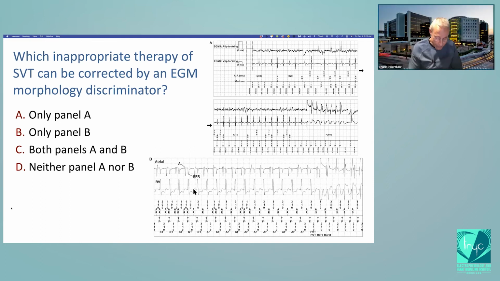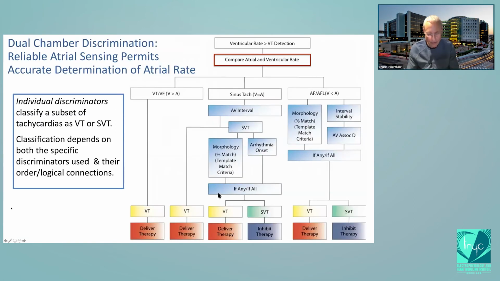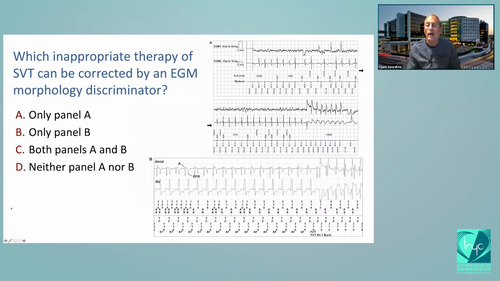This gets to a key point: if you have marginal atrial sensing, you should always err on the side of oversensing, because in the worst case, that can be cleaned up by single chamber discriminators if you have SVT.